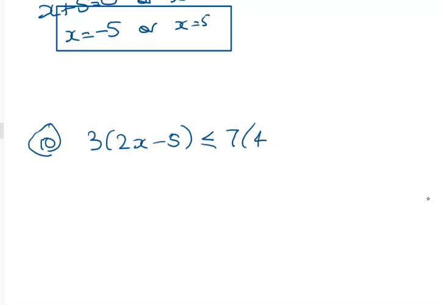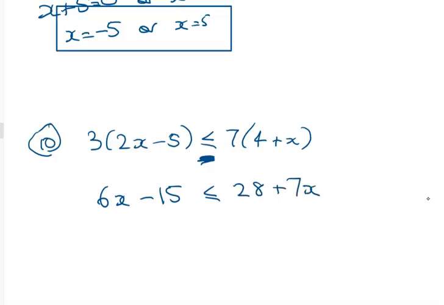So we have 7 times 4 plus x. So first when you see that, just don't worry about this thing here being all funny. Just treat it like an equals sign and think, well, what would I do first? Well, the first thing we'd probably do is expand. So we get 6x minus 15 is less than or equal to 28 plus 7x.